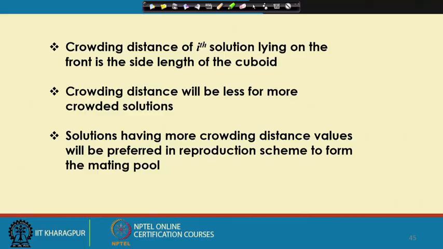So, the solutions having more crowding distance values will be preferred in the reproduction scheme to form the mating pool. Let me summarize whatever I told. Supposing that I have 13 points on rank 1. For each of the 13 points we find the crowding distance values.